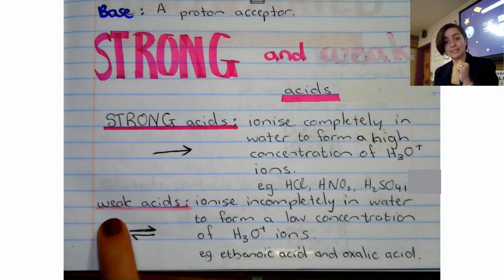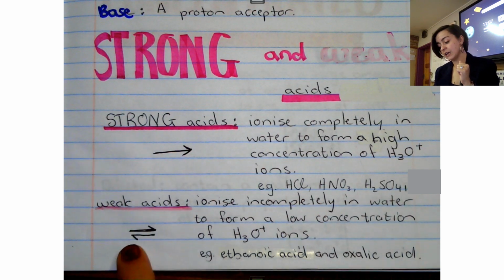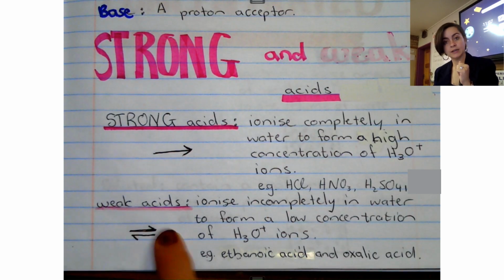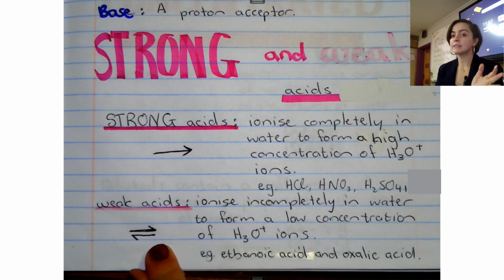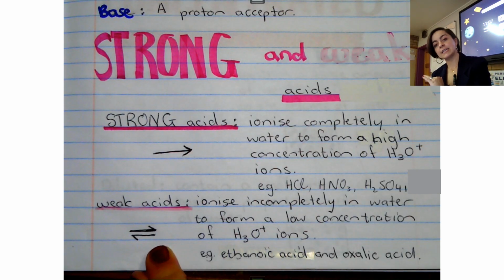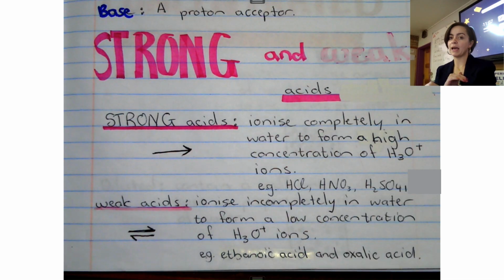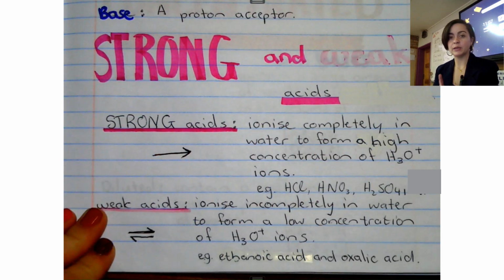Here by the weak acids, however, I have used an arrow going both ways, meaning it is a reversible reaction. So not all of it ionizes. Some of it stays as acid, but it's going back and forth, back and forth. Keep that in mind, especially when we get to calculating the pH.